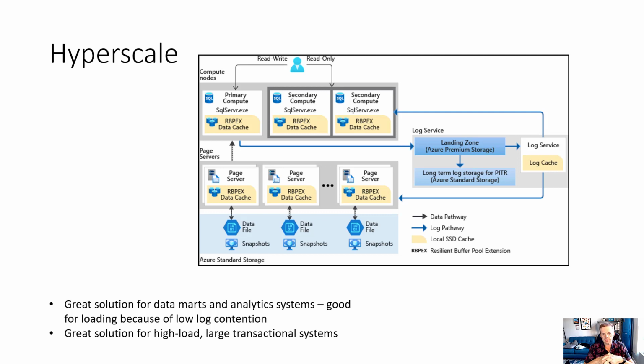That log service, whatever black magic they have down there, completely gets rid of the log contention we were seeing in the other products. They do this because they can now scale the compute separately from how they scale the log service, separately from how they scale the page servers. And it works miracles. So if you have any performance problems related to landing data in SQL, try out Hyperscale.